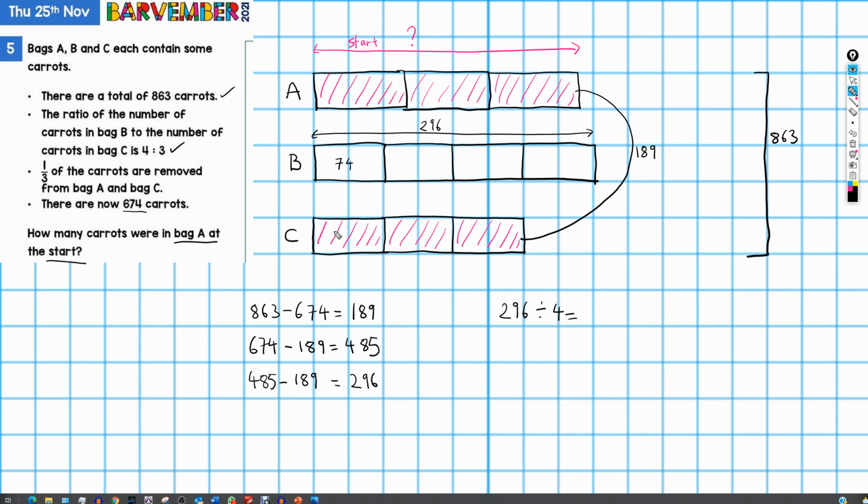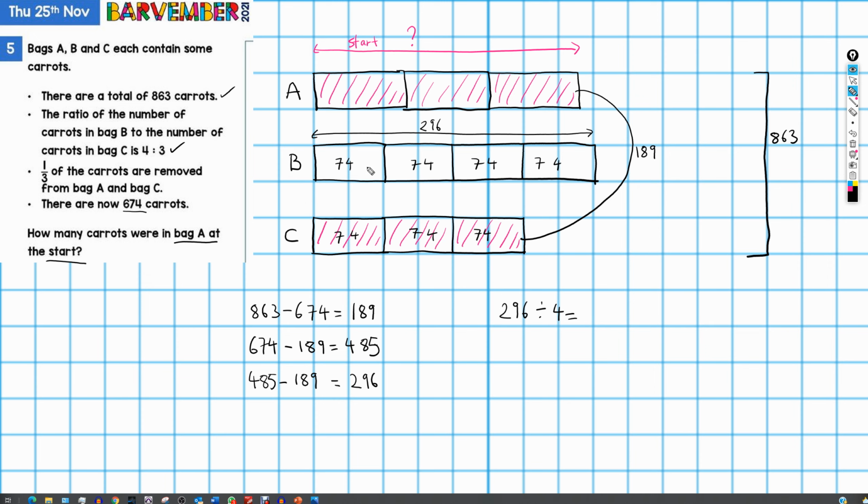Each of these is 74. And remember that these, we did know the ratio of those. These are equal. So these are also 74. Let's fill them all in, although I don't need to. So we can now see that these all have a value of 74. And if we know the value of these, we can work out the value of everything else. Because what can we do? Well, we can now work out the total value of B and C at the start.